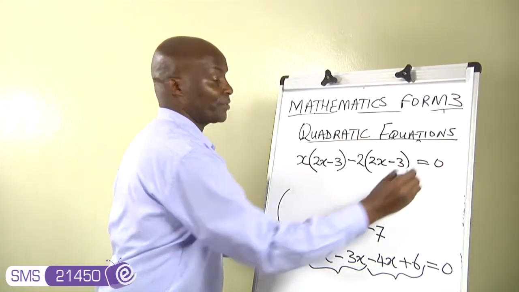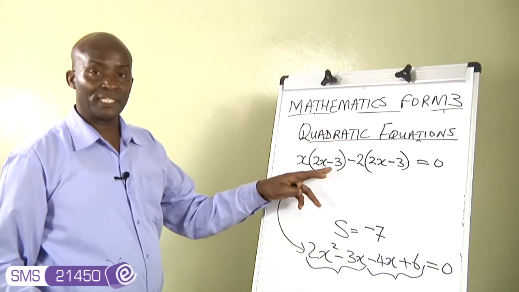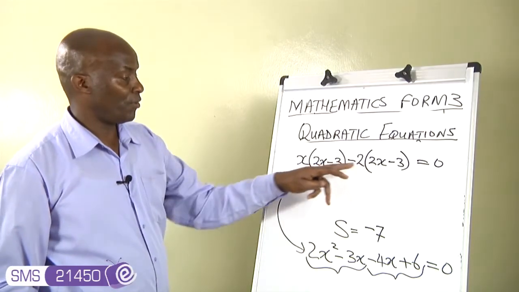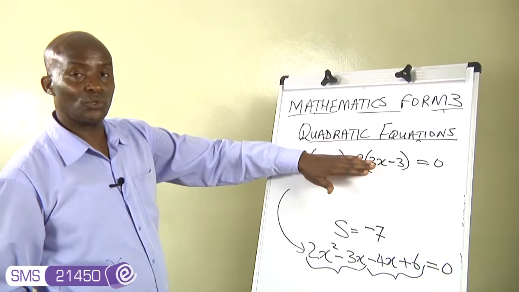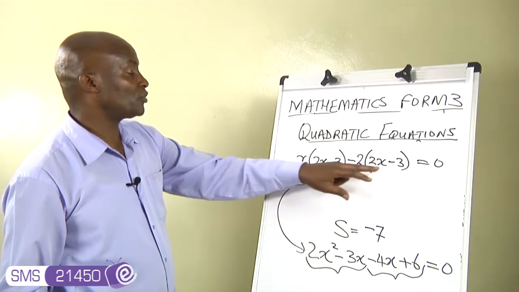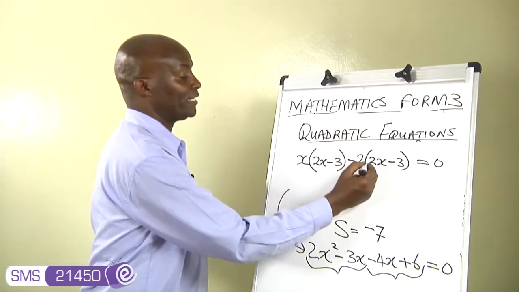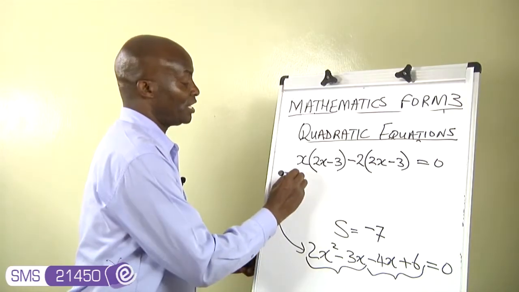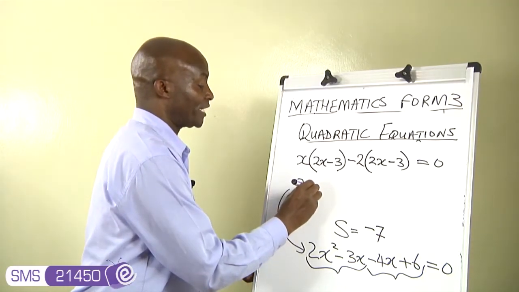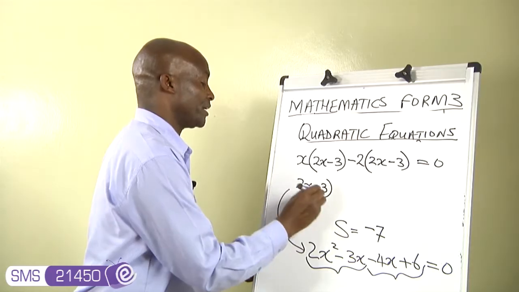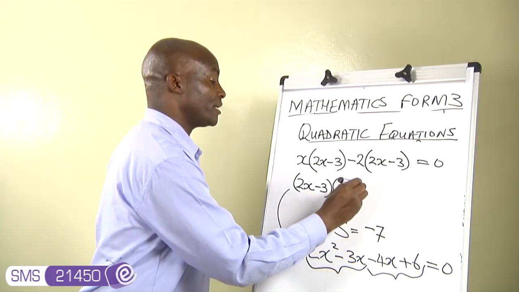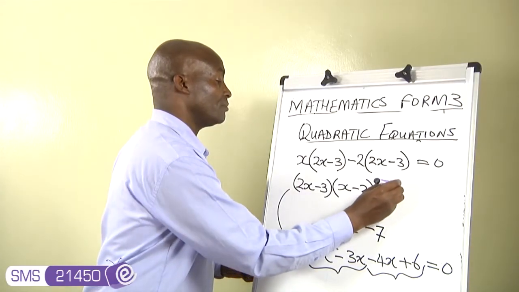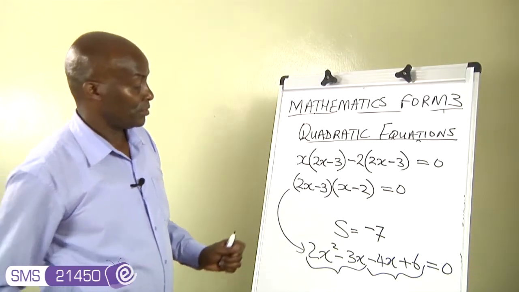This is equal to 0. Now 2x minus 3 is common in both of these terms. We had 4 terms, it reduces to 2 terms. Each of these 2 terms has a common factor, that is 2x minus 3. So we factor it out, 2x minus 3, and you have inside the bracket x minus 2 is equal to 0.